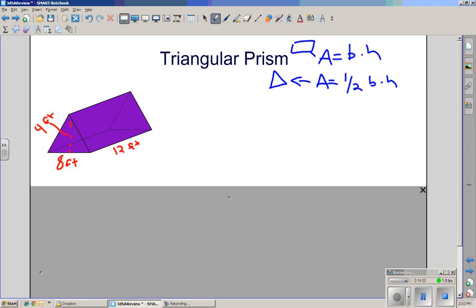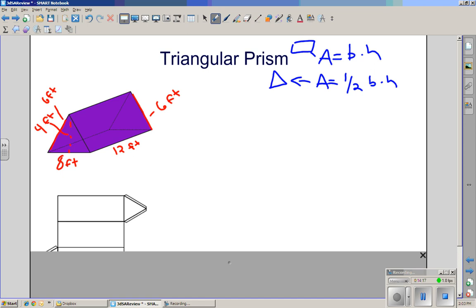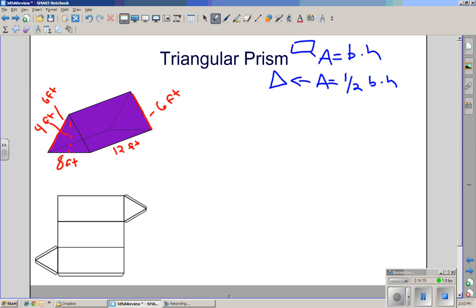And the height of this line right here is 6 feet. That would also make the height of this line right here 6 feet as well. Okay. Remember, if you need help breaking it apart, there is a net of it. And I'll demonstrate how to do this one.